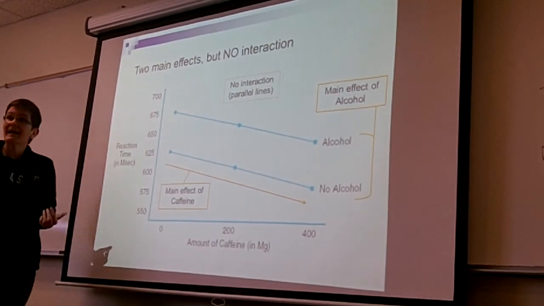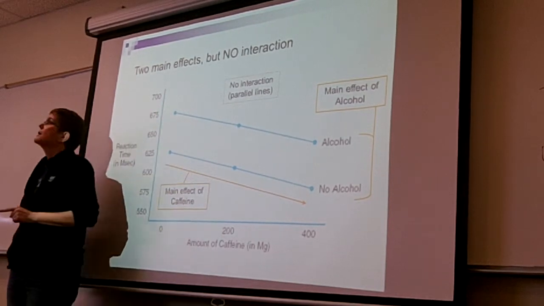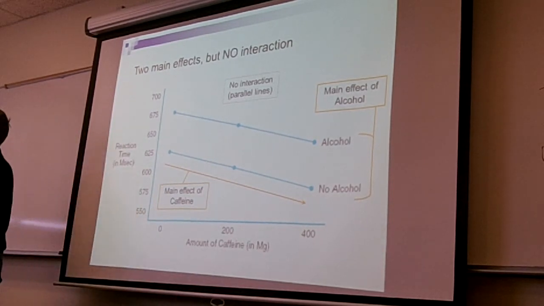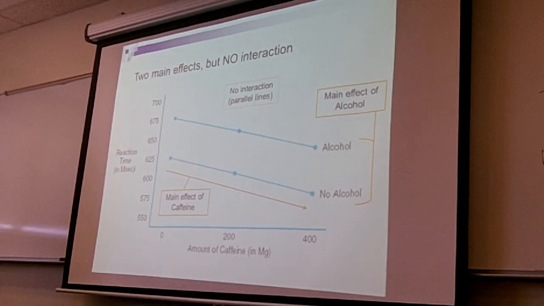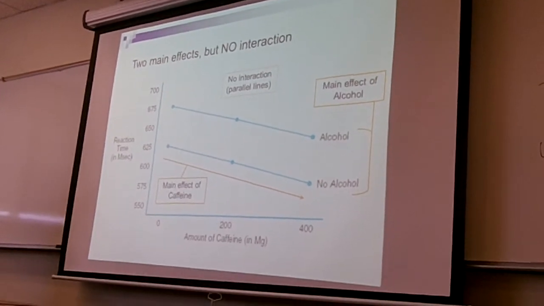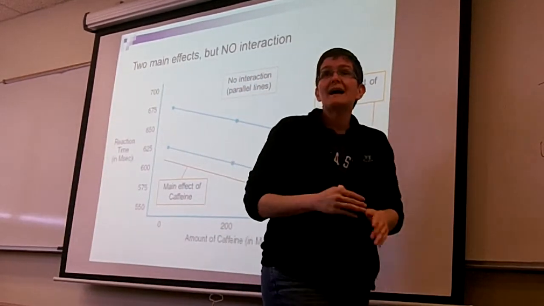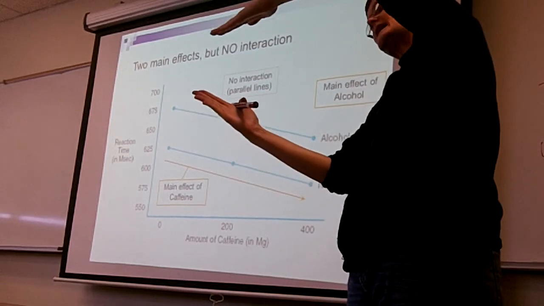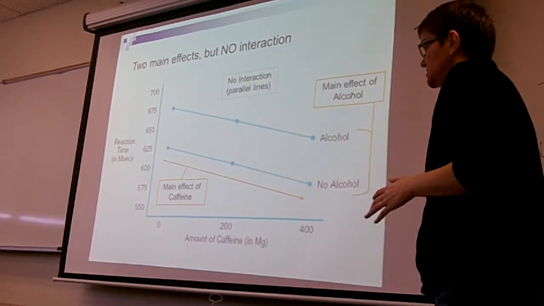If you want to know whether there's an interaction, we pay attention to whether or not the lines are moving towards each other or whether they actually intersect. To the extent that the lines are not parallel, you have an interaction. Now if the lines totally intersect, you get something that crosses over like that, you definitely have an interaction, no question whatsoever. But the closer the lines get to each other, the more likely you are to have an interaction, just in visual terms.